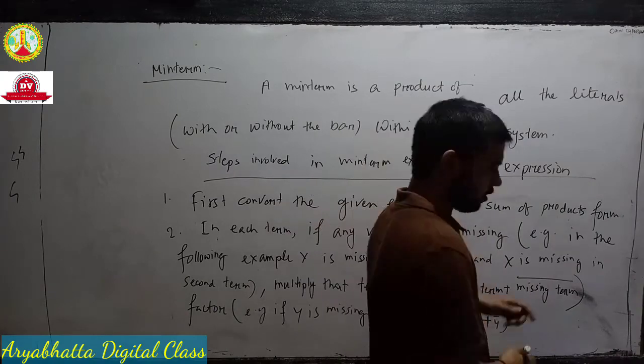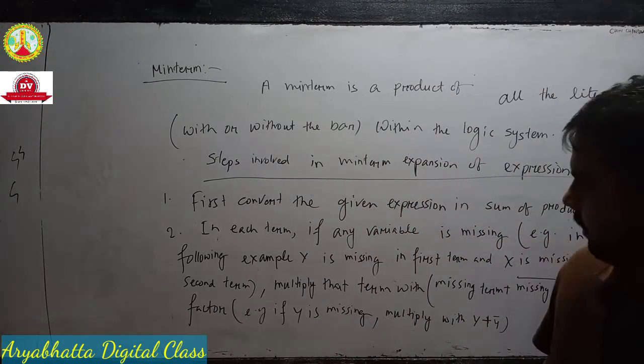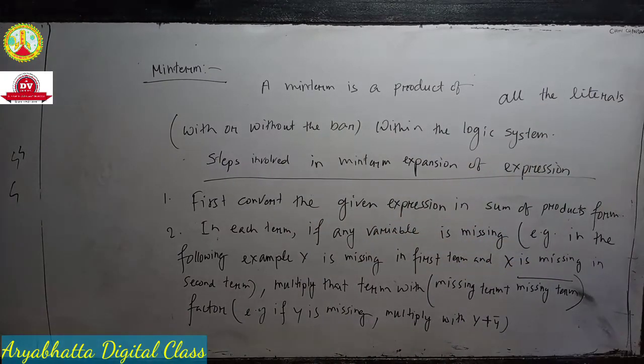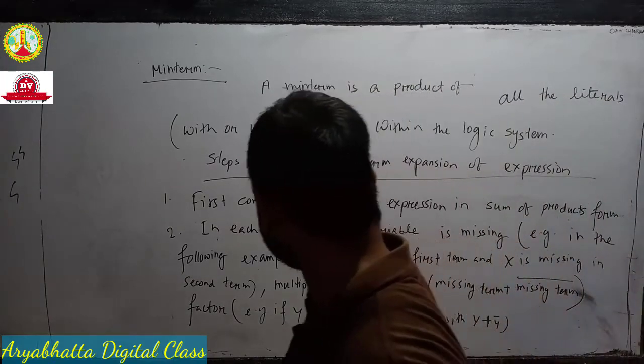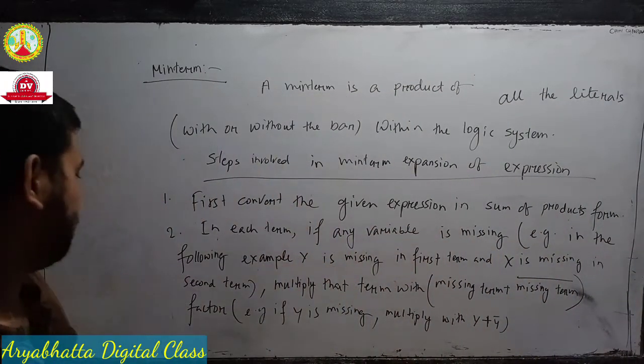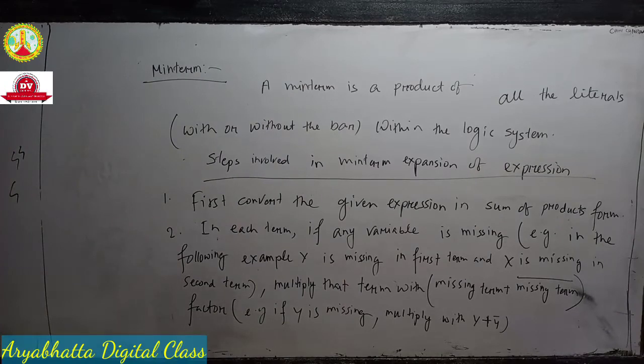So in the second step, in each term, if any variable is missing, multiply that term with the missing term plus the missing term's complement. Example: y is missing, multiply by y plus y bar.